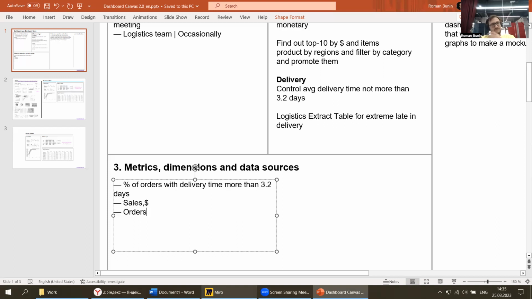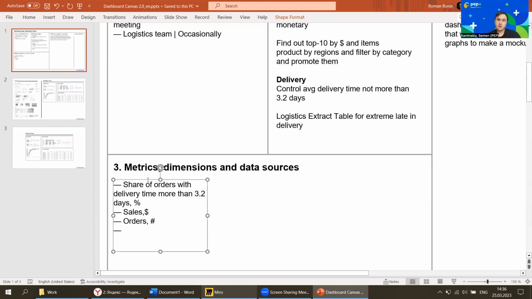What else? Now we are talking only about the metrics, or also about dimensions and data sources? Dimensions is okay. Let's create another.